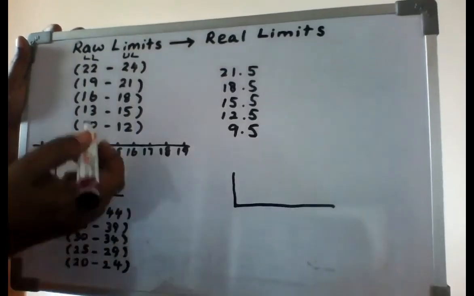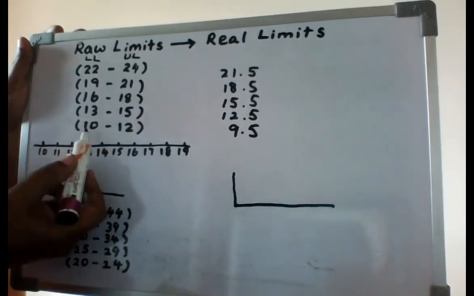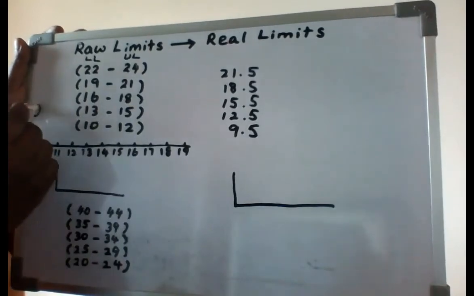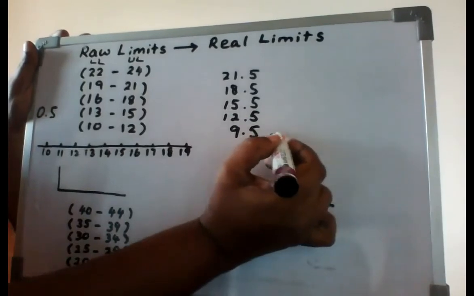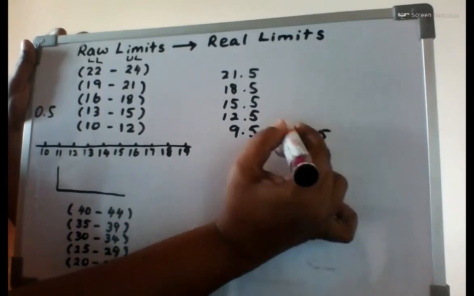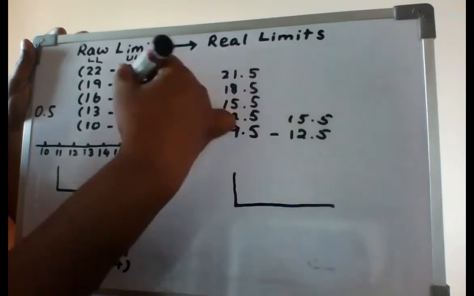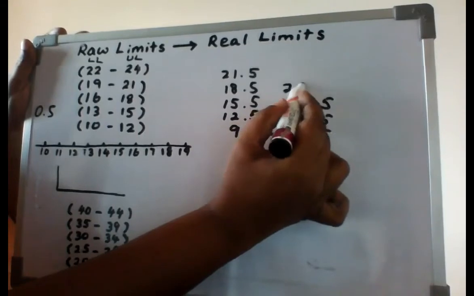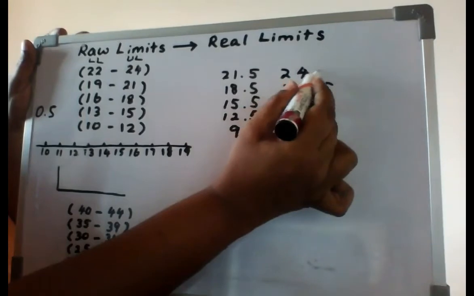Now you have to deduct 0.5 from the lower limit. Then you will have to add 0.5 to the upper limit, right? What is that? 12 becomes 12.5, 15 becomes 15.5, 18 becomes 18.5, 21 becomes 21.5, 24 becomes 24.5.